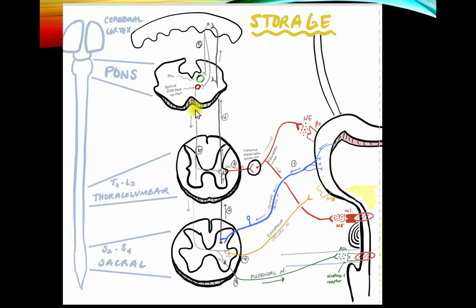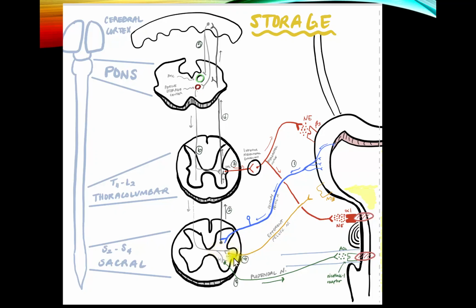Okay, so from the pontine storage center, this information goes down, and it further stimulates the sympathetics, intermediolateral cell column, to further relax the detrusor and contract the internal urethral sphincter. Okay, and then this information goes further down here to inhibit, you can see the little inhibitory mark there, the parasympathetics, which are down here in the sacral spinal cord.